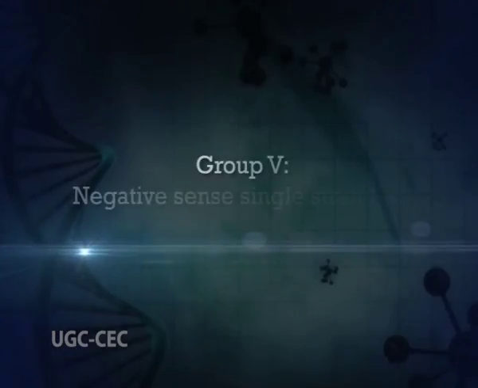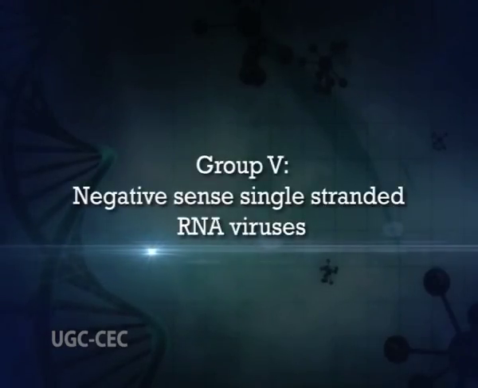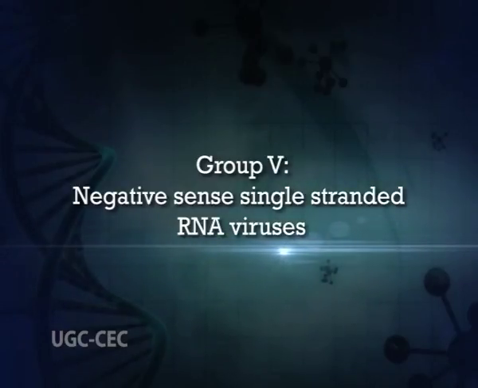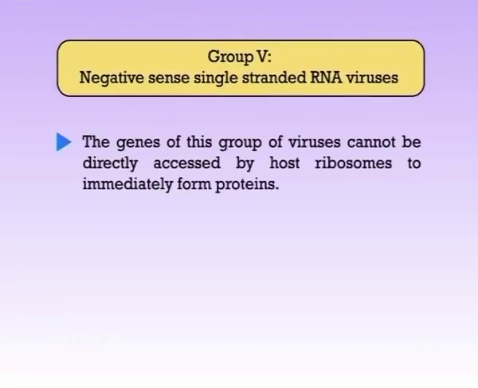Now coming to Group 5, these are the negative-sense single-stranded RNA viruses. The genes of this group of viruses cannot be directly accessed by host ribosomes to immediately form proteins.